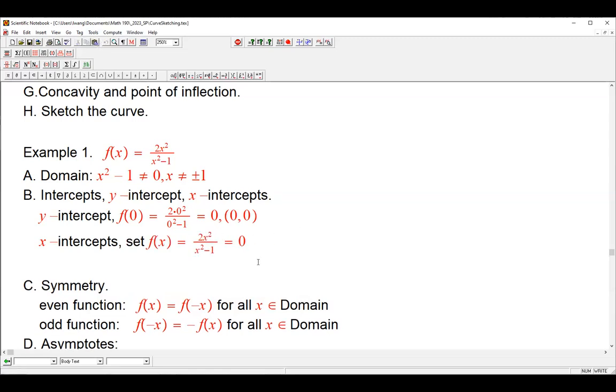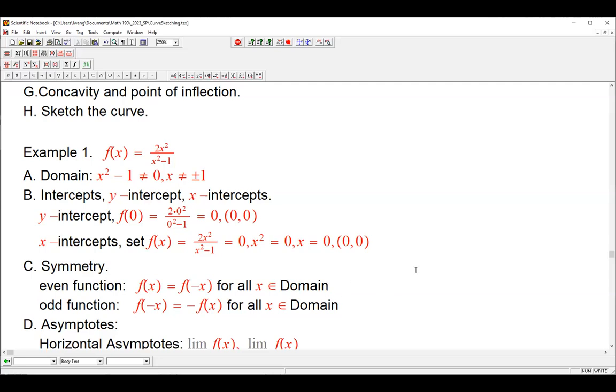If f of x equals 0, the denominator cannot be 0, so the numerator has to be 0. So 2 x squared has to be 0. 2 cannot be 0, so x squared is 0, and if x squared is 0, x must be 0. So the x-intercept turned out to be (0, 0) as well. The x-intercept and y-intercept are the same.